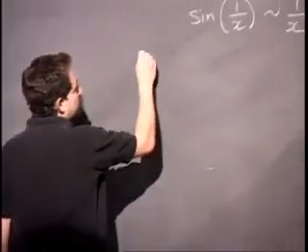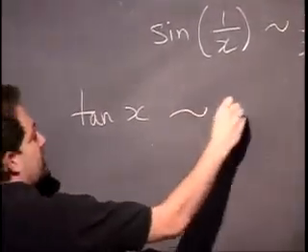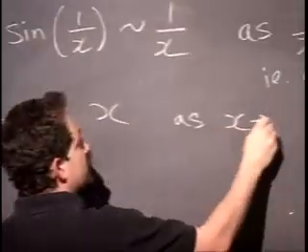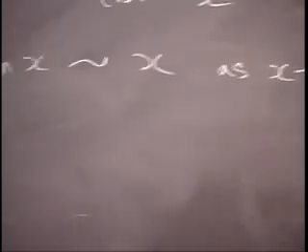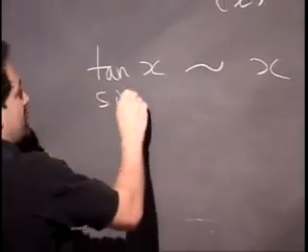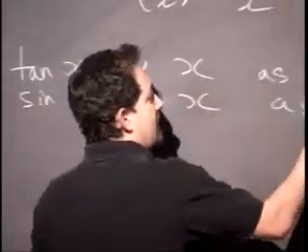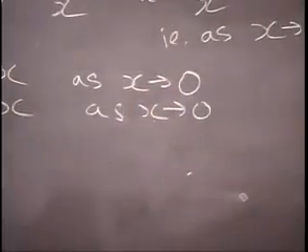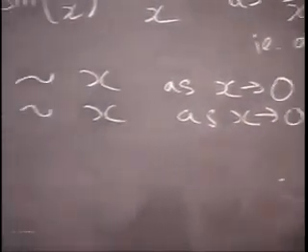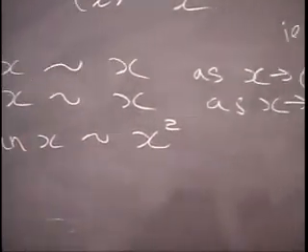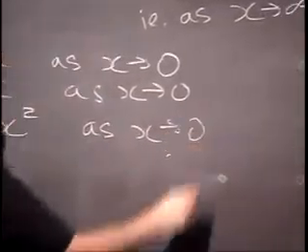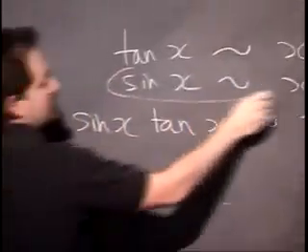You're also allowed to multiply these things together. For example, we also know tan x is asymptotic to x as x goes to 0. The limit of tan x over x is 1. Because both relationships hold as x goes to 0, you can multiply them together. It's true that sine x tan x is asymptotic to x squared as x goes to 0. Or you could take any one of these and take a power of it.